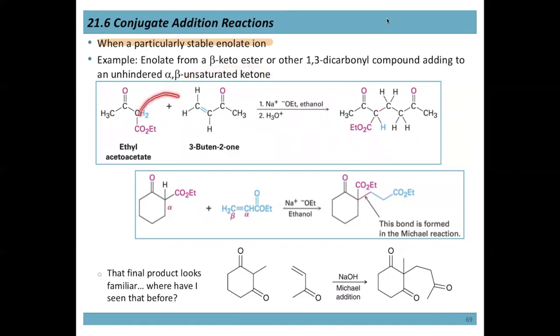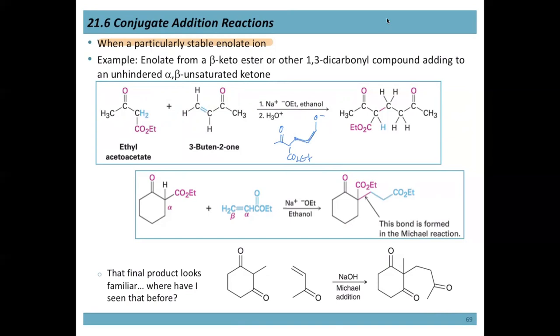That alpha position will attack, kick those electrons over and up. That gives you the intermediate product. That is the enolate, O minus, and we have the double bond there.